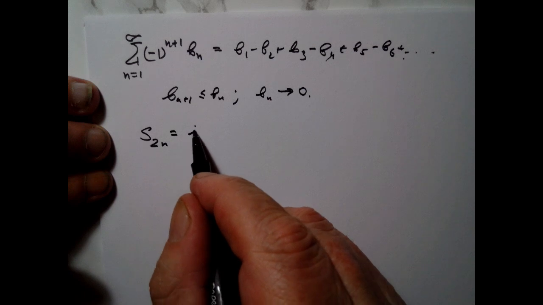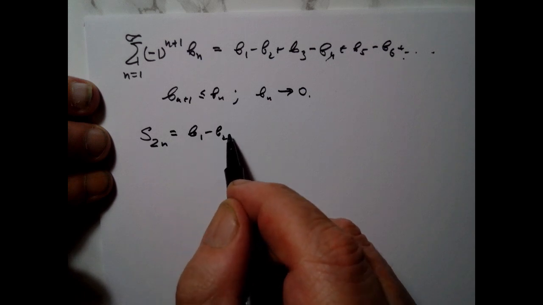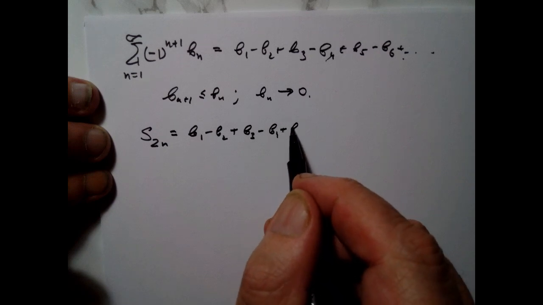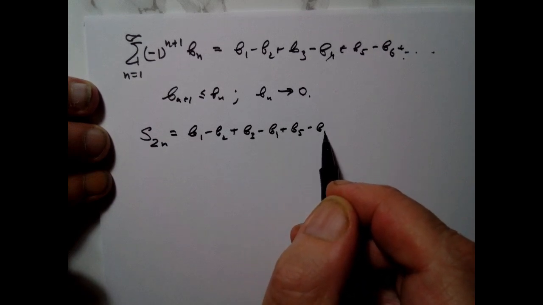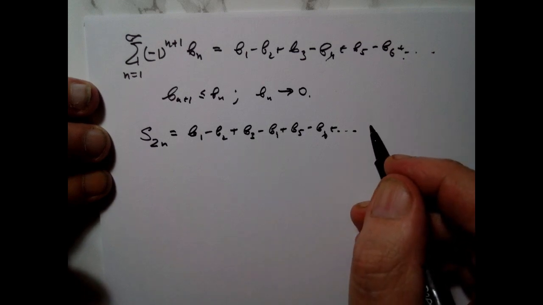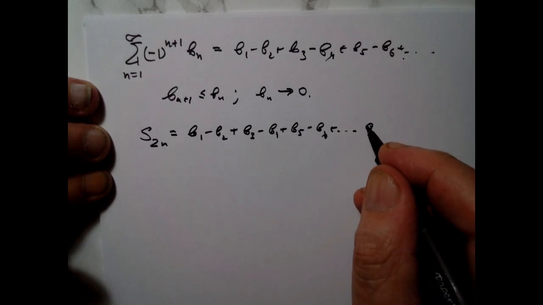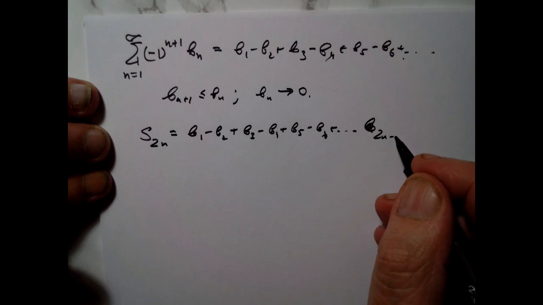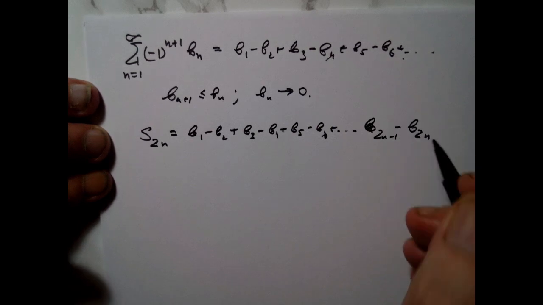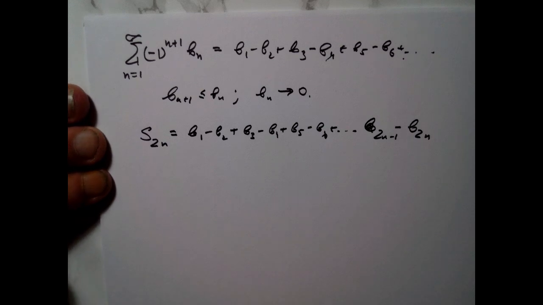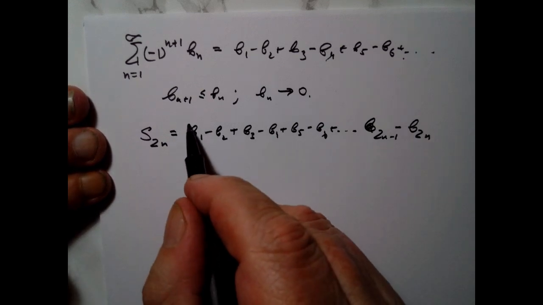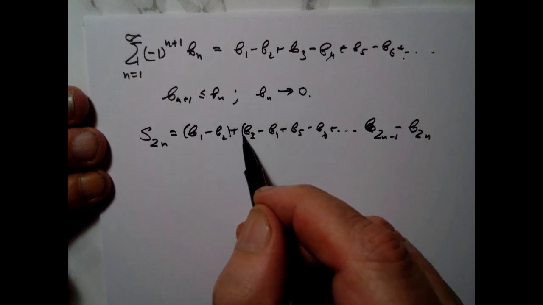It will be equal to b_1 minus b_2 plus b_3 minus b_4 plus b_5 minus b_6 plus etc., b_{2n-1} minus b_{2n}. And when I'm looking at the series, I'm going to put the brackets around it, and the brackets are going to be put in this way.